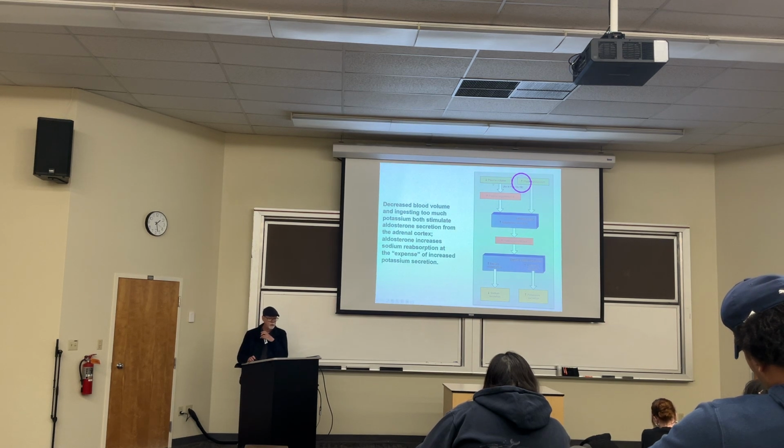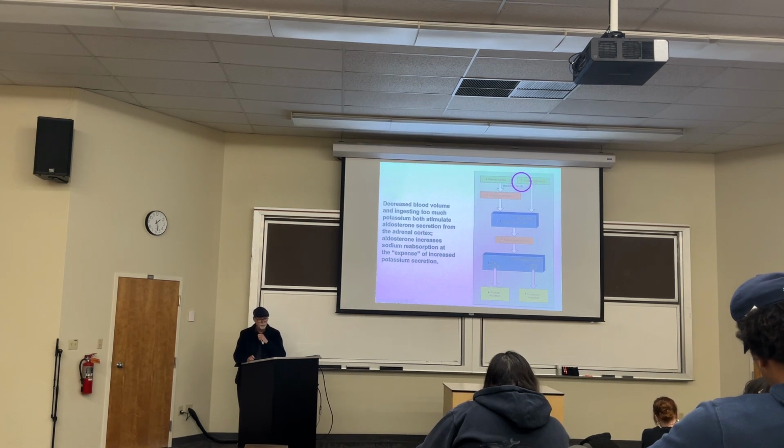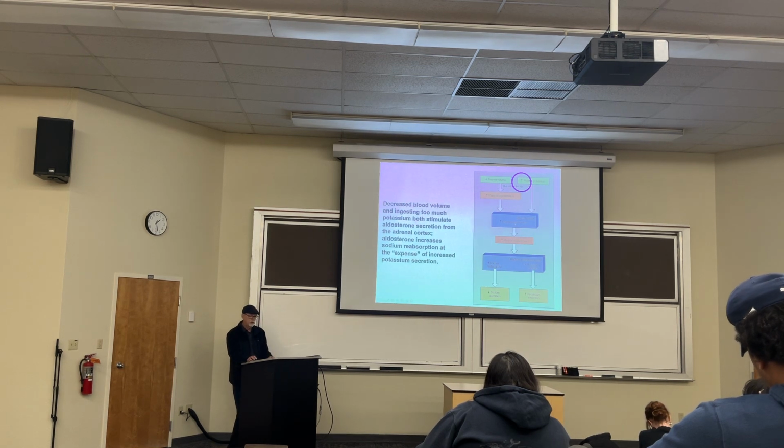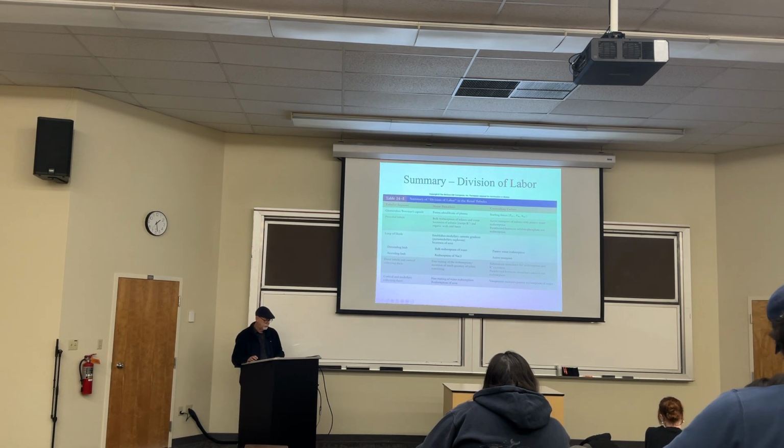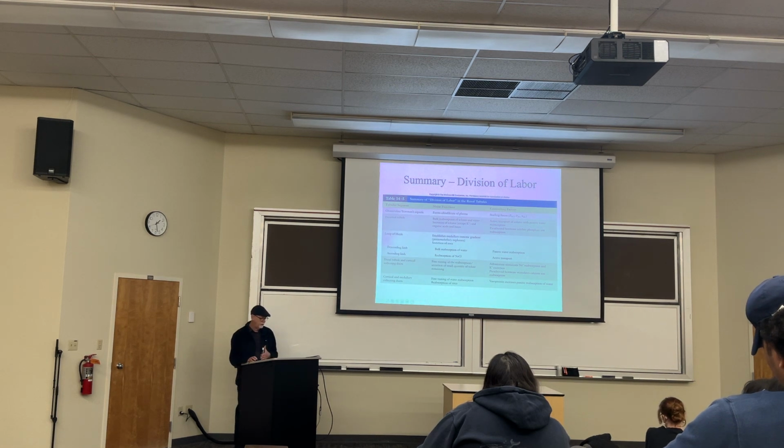Plasma volume, sodium and chloride, that would work through the renin-angiotensin-aldosterone system. Plasma potassium, or internal environment potassium, works directly increasing or decreasing aldosterone. And this is just a summary of all the main functions of each of the different parts of the nephron.